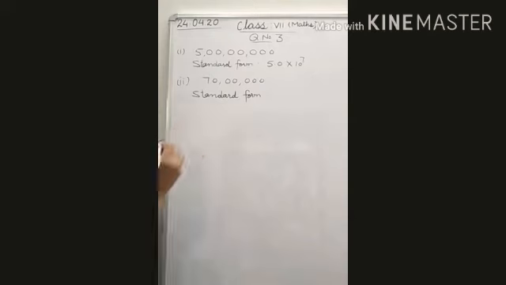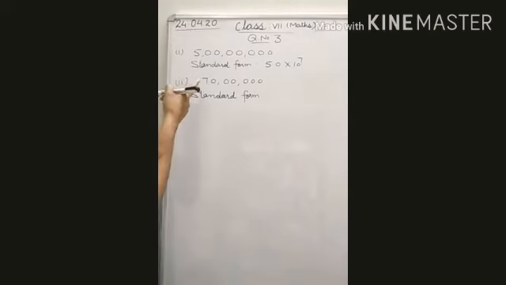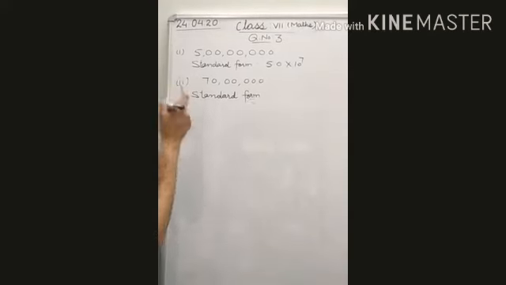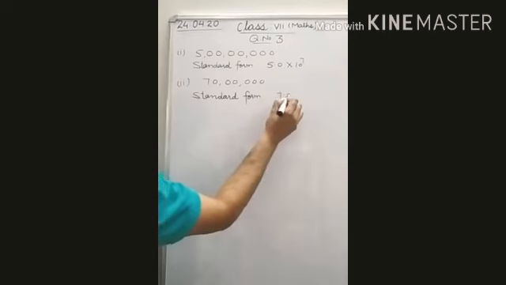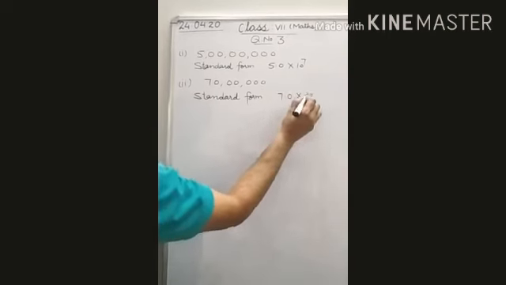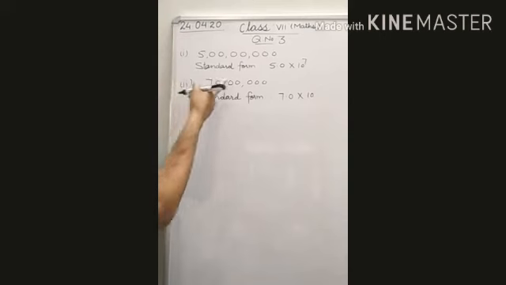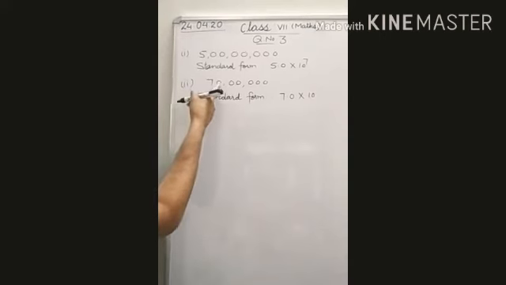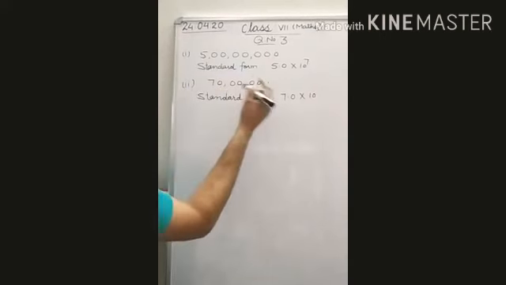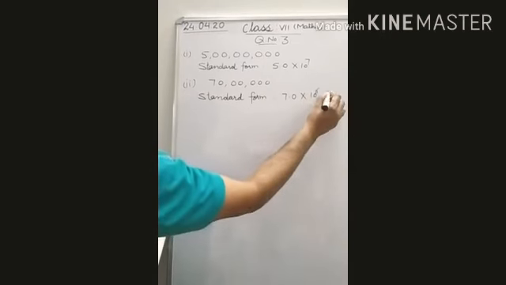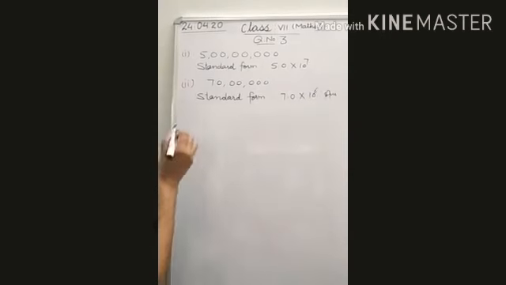When we express in standard form, the decimal will be after the first digit. If you put the decimal after 7, it will become 7.0 into 10 raised to the power what? Now you see after 7 how many digits are there? 1, 2, 3, 4, 5, 6. So 10 raised to the power 6. This will be your answer.